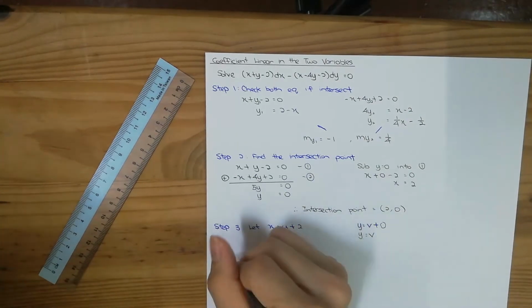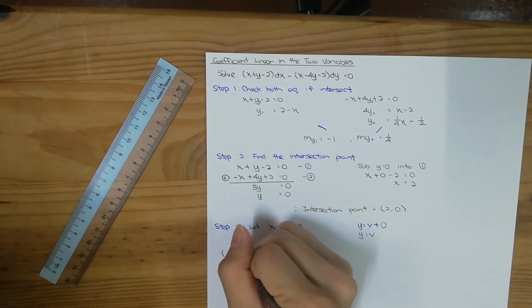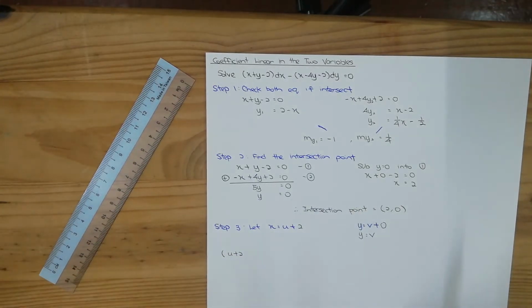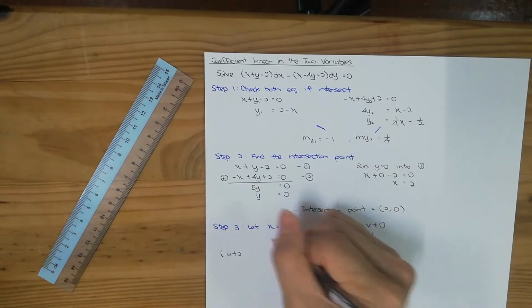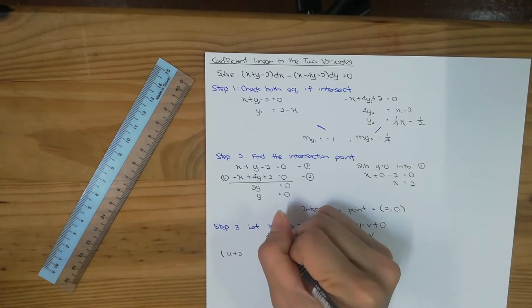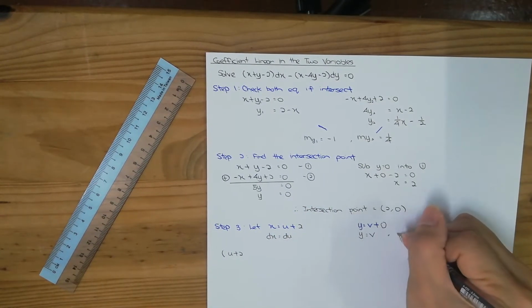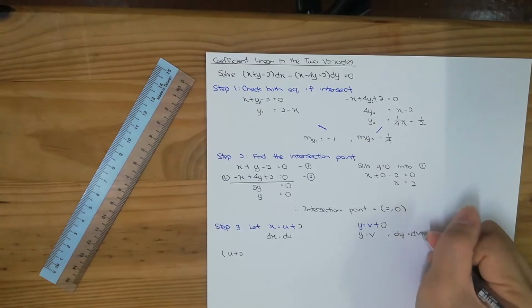So now we start to substitute. Before we substitute, we need to find the differentials for x and y. So dx = du, and dy = dv.